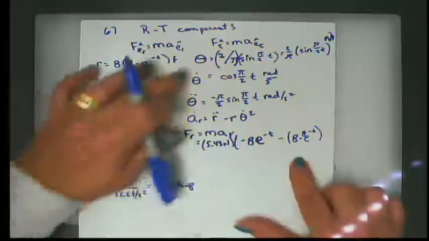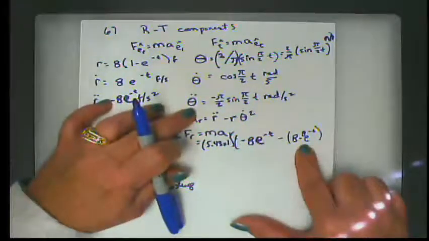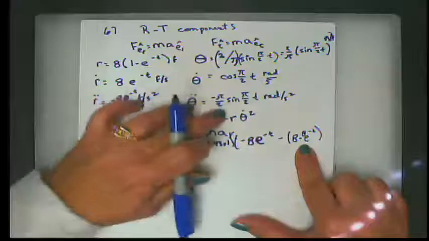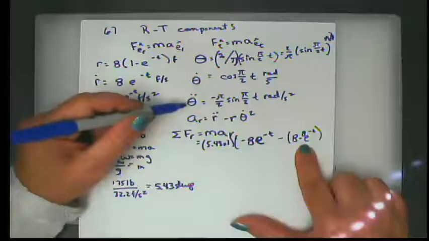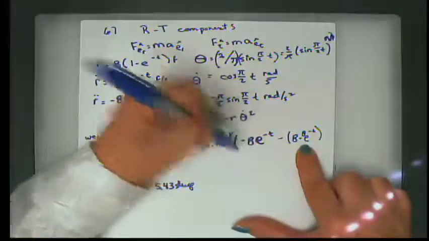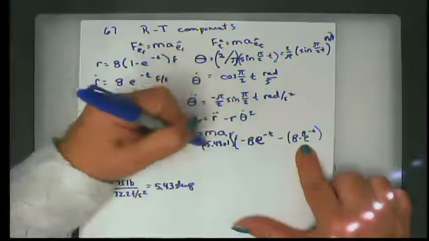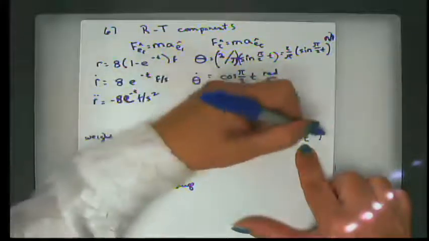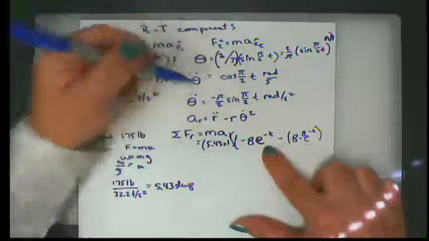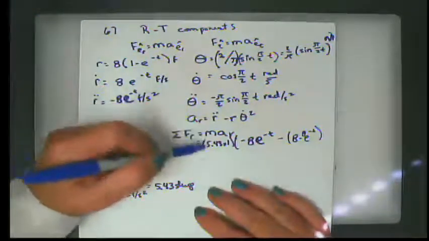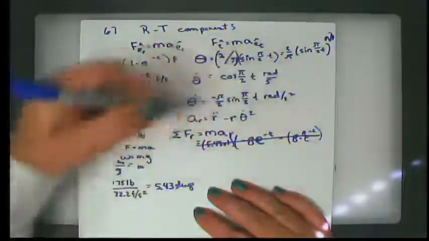Theta double dot, which is this quantity squared. Okay? So if my theta double dot is, this is this, times this, that's my r. Whew, I'm going to lose it here for a second. I'm going to have to redo this because I just have too many things going on.